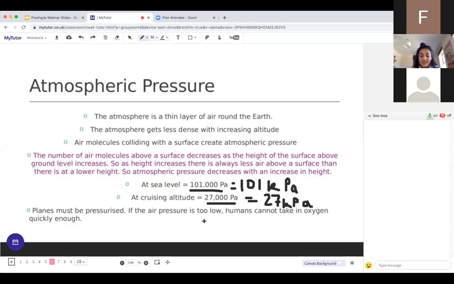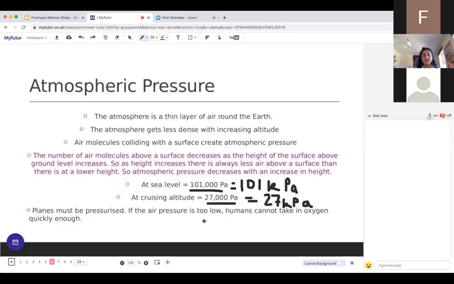So planes have to have the correct pressure inside the cabin so that we can get enough oxygen, which is why planes are fitted with oxygen masks just in case the air pressure were to drop. It's really important that we protect ourselves from this really low pressure.